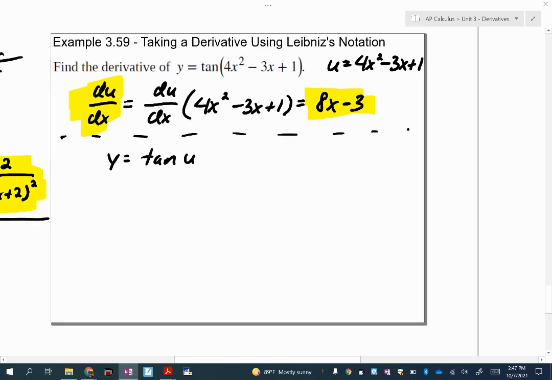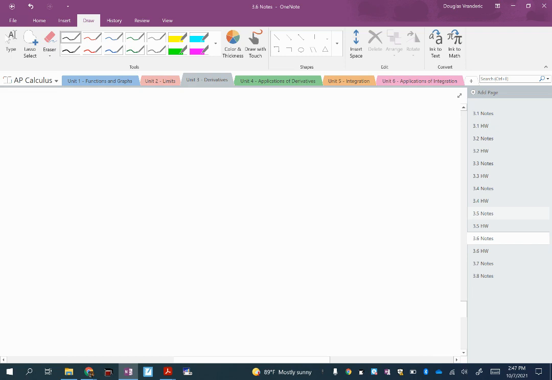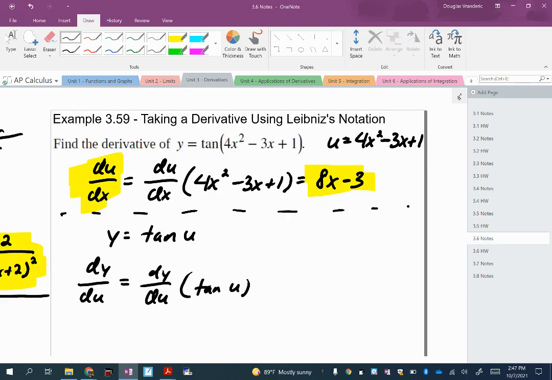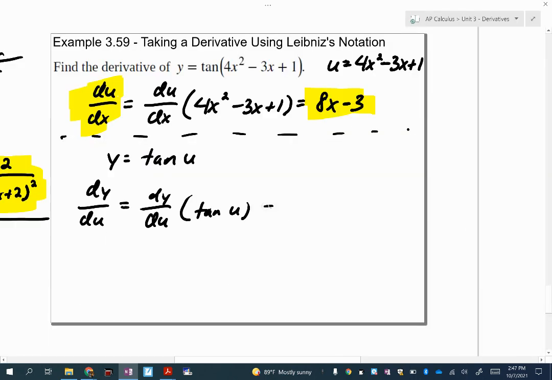All right, so I need to find dy over du, which is going to be the derivative of the tangent of u. Go back to your last notes. The derivative of the tangent is secant squared. So we're going to write this is equal to secant squared of u.